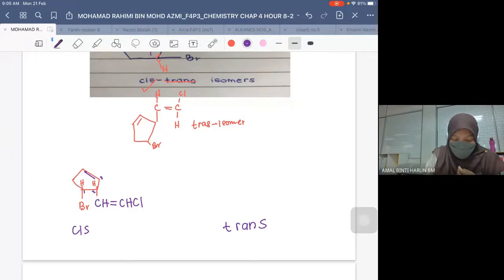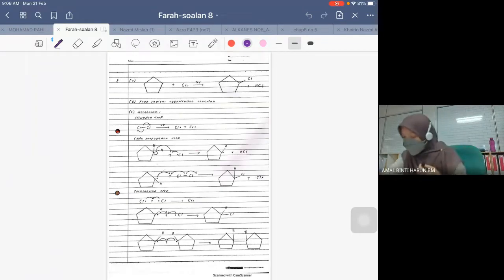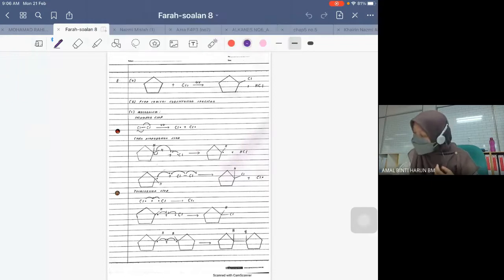Okay, habis soalan ni. Lagi mana lagi yang homework? Apa lagi soalan yang tak check? Daniel Hakim. Question 41. Daniel Hakim dia?